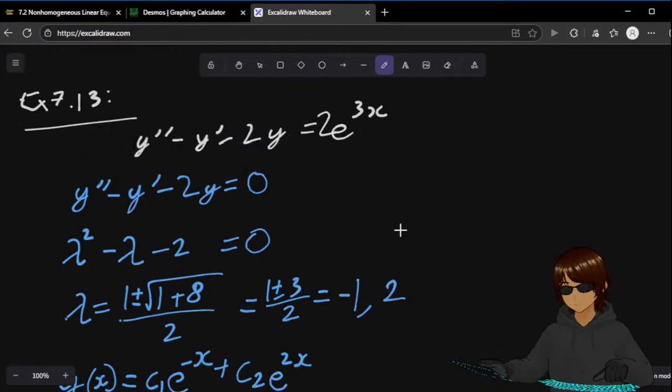Then we need to find a particular solution. I'm still confused on how to find a particular solution.